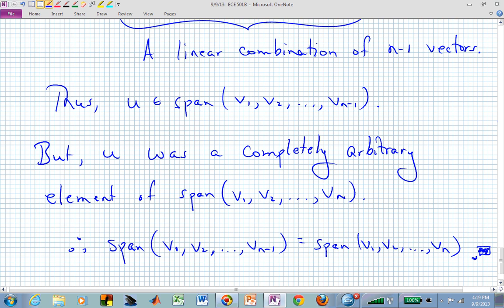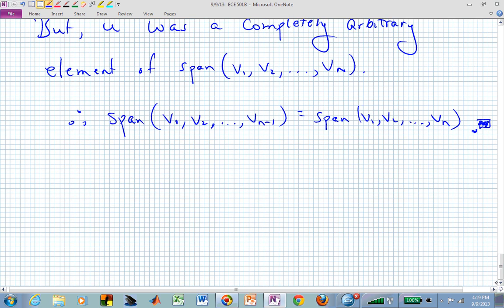There are a couple of points that you should pay attention to in chapter 2 relative to this linear dependence lemma.